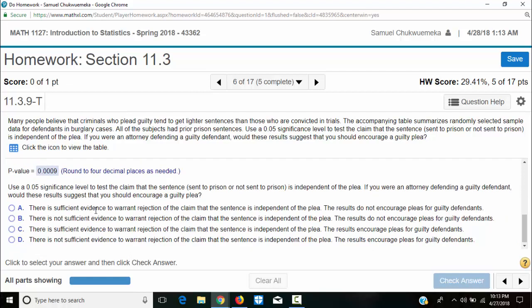So let's read the options here. There is sufficient evidence to warrant rejection of the claim that the sentence is independent of the plea. The results do not encourage pleas for guilty defendants.